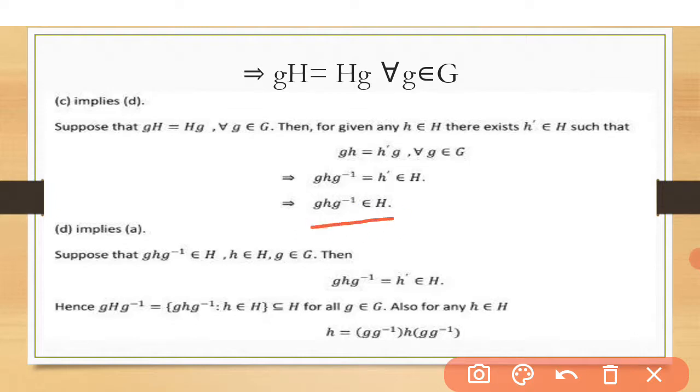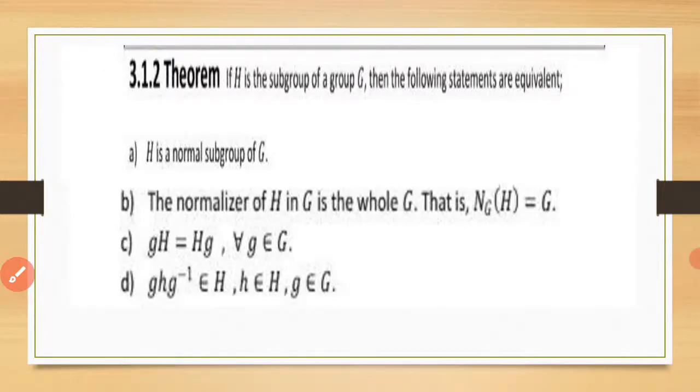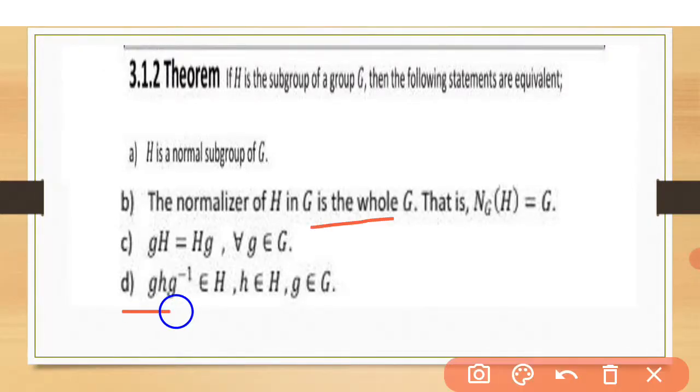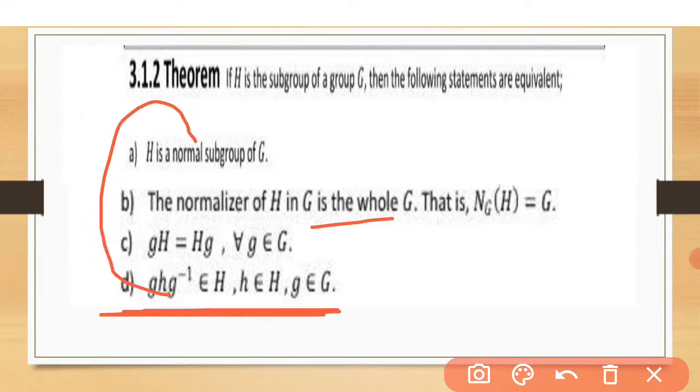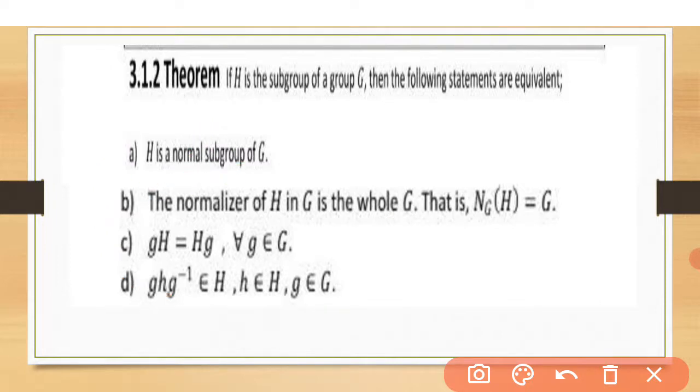This was the statement in D. We proved this one, and now from this we prove A. From D to A, if we have ghg inverse belongs to H, then we will prove this.